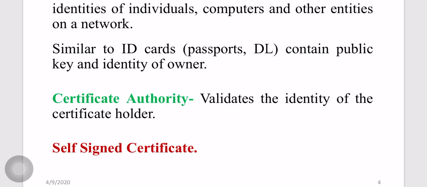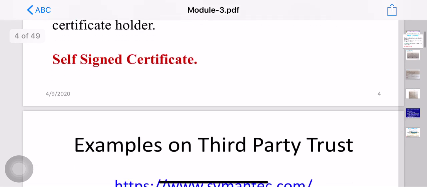There will be situations where we commonly use a word called self attestation, right? In the same way, here also we have the possibility of a self-signed certificate, and that will not be in great demand, and will not be used all over the public network, and will be used only by the authorized people again.